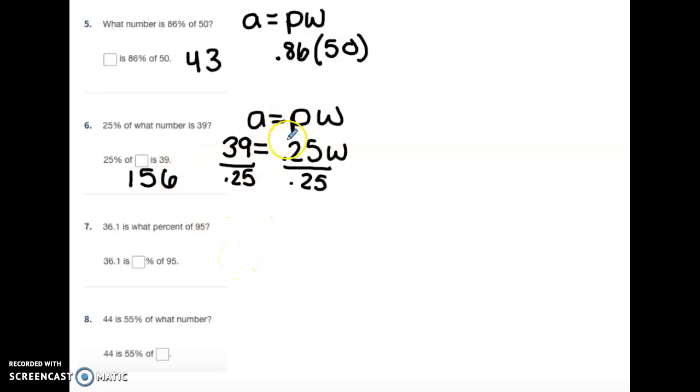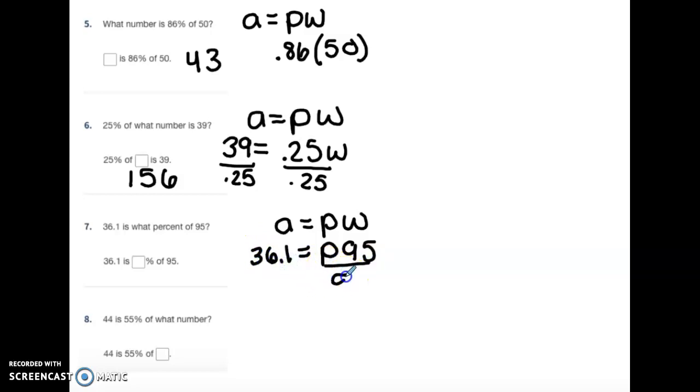Okay, number 7, 36.1 is what percent of 95? Again, A equals P times W. We don't know the percent, of 95, that's our whole, is 36.1 is our part.